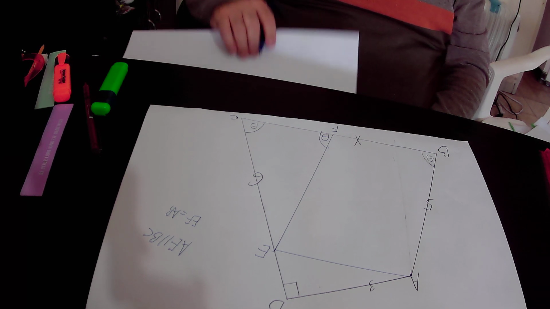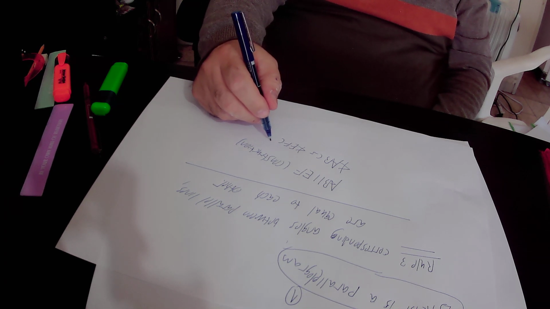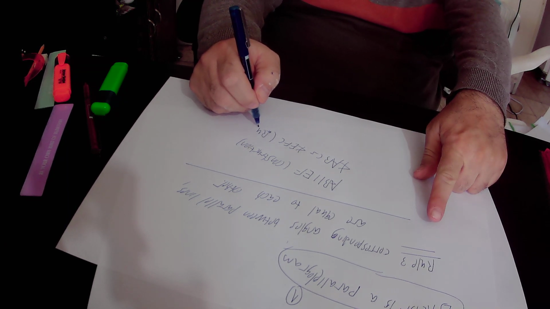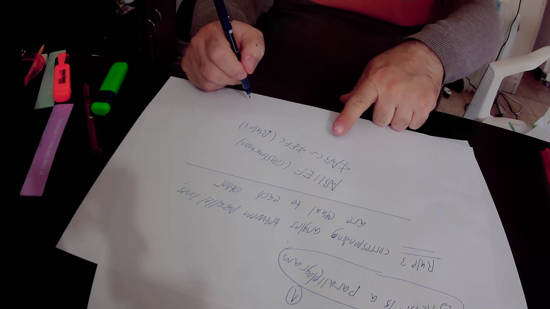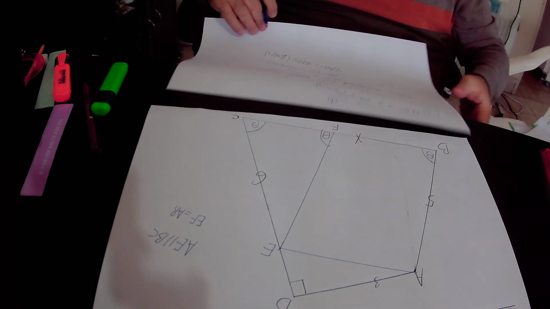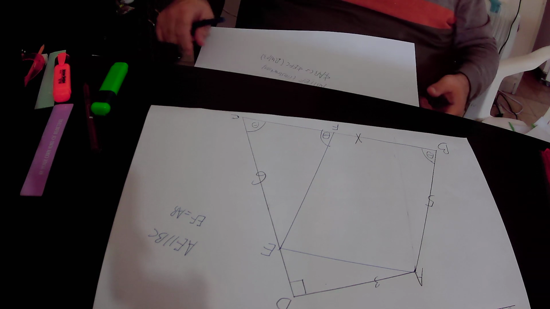So according to rule number 3, angle ABC equals angle EFC, because those two angles are corresponding angles located between the parallel lines AB and EF.